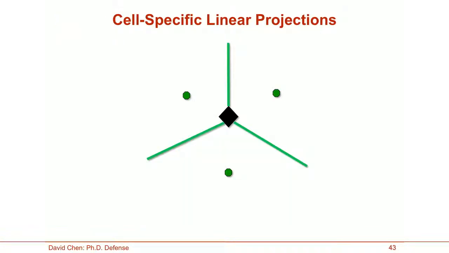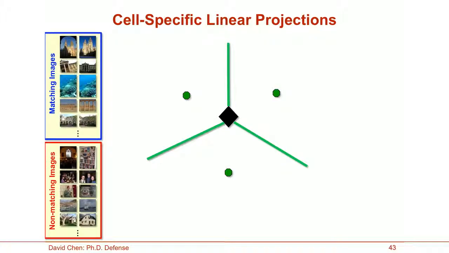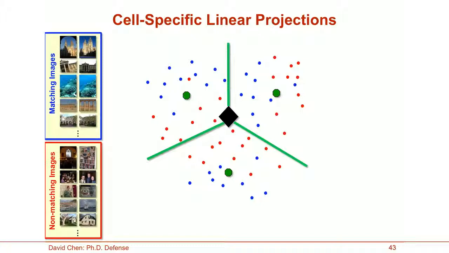For each codebook, we'll perform a cell-specific linear discriminant analysis. This requires first obtaining a set of matching images and a set of non-matching images from an independent training set. We'll extract some features from these training images and we'll quantize them to the codebook. To perform the cell-specific projection, our first instinct might be to project along the direction of the maximum variance within the cell, which is given by principal component analysis.